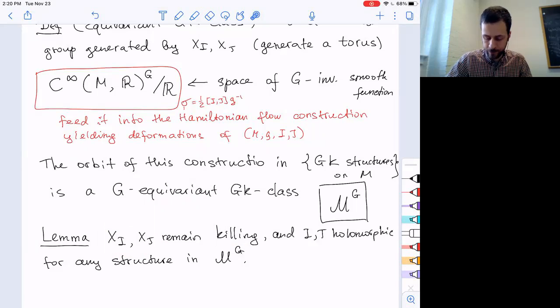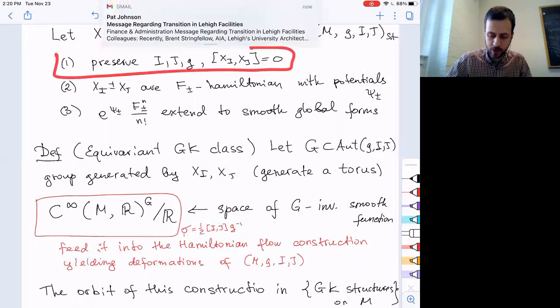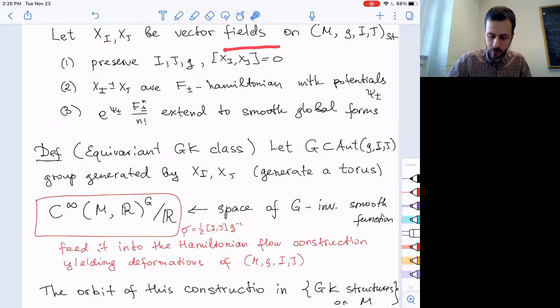Okay, so that's the first assumption which we had here, that they preserve I, J, and G, and they commute with each other. So this doesn't change.